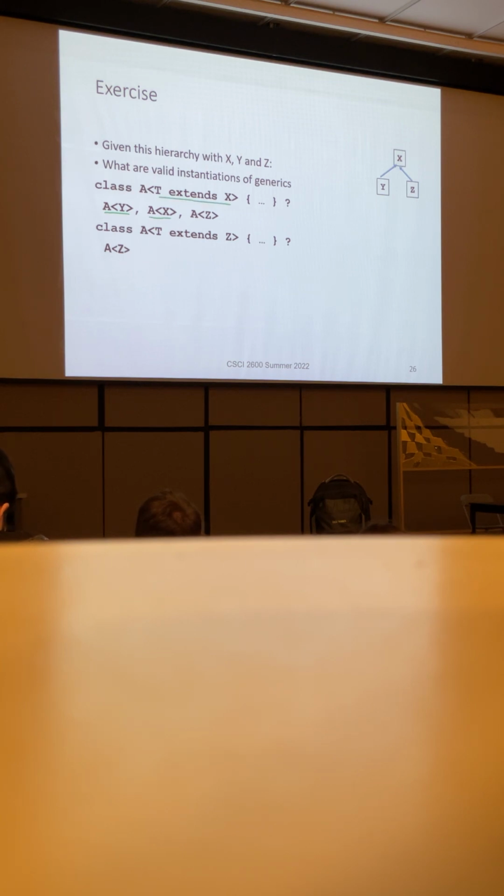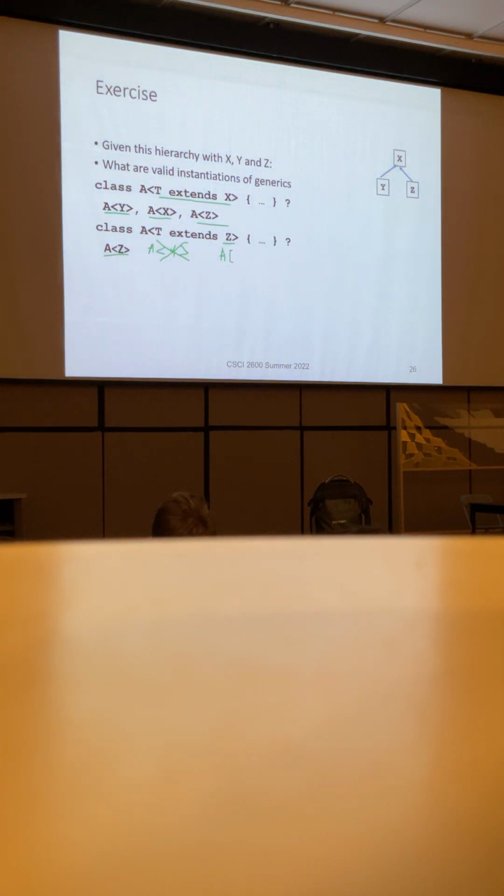A with an X, yes, it works, because T is an X. A with a Z, yes, it works, because Z is a subtype of X, Z extends X. And if we have T extends Z, then A with the type argument Z works because Z extends Z, but not A with type argument Y, and not A with type argument X. These do not work because neither Y nor X extends Z.